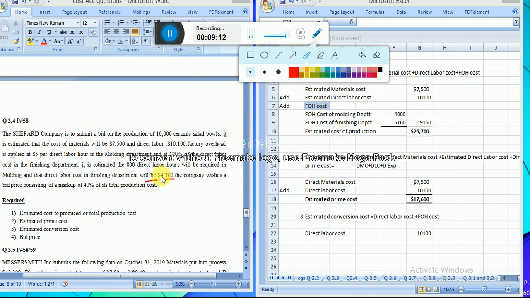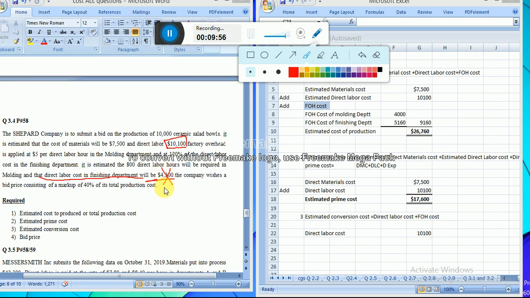But look, this is the amount in the finishing department. The direct labor cost in the finishing department will be 4,300, and this 10,100 is the total direct labor cost in both the finishing department and the molding department. So the estimated direct labor cost in total is 10,100, and we will not take this one.